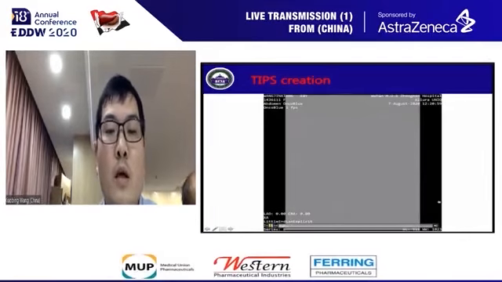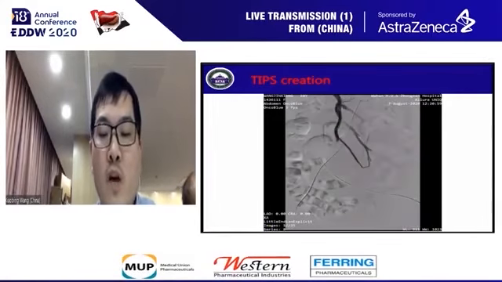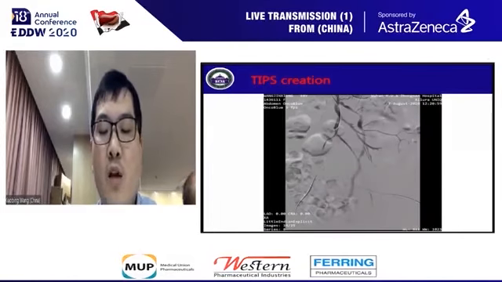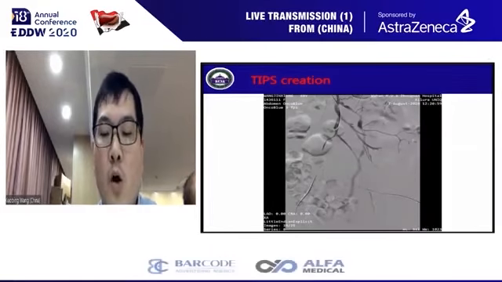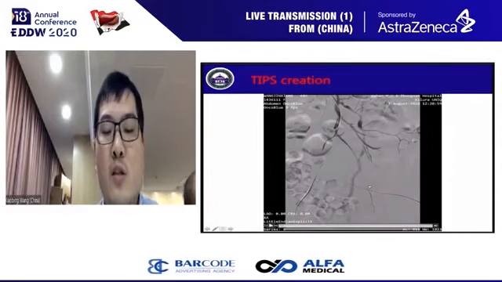Moving the C-arm of the DSA machine distally, we performed another transcatheter superior mesenteric venography and found flow into the distal end with a suspicious vascular network, this area.